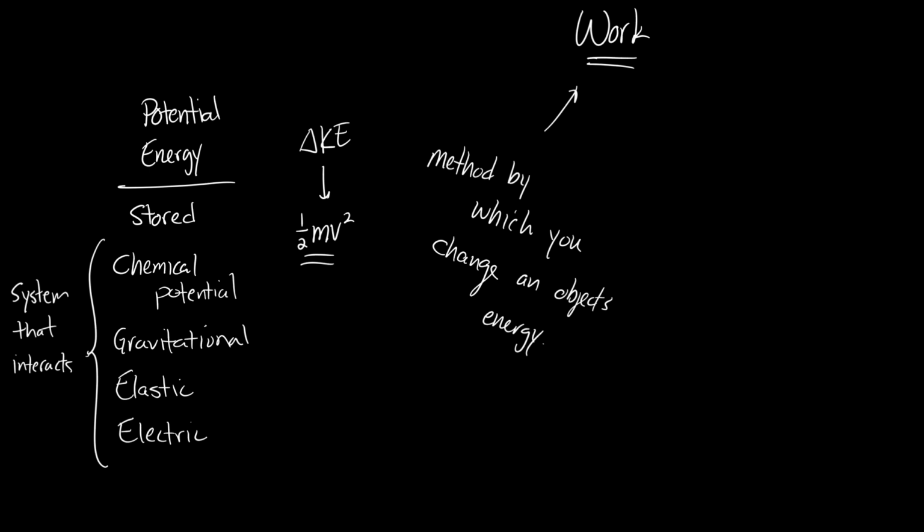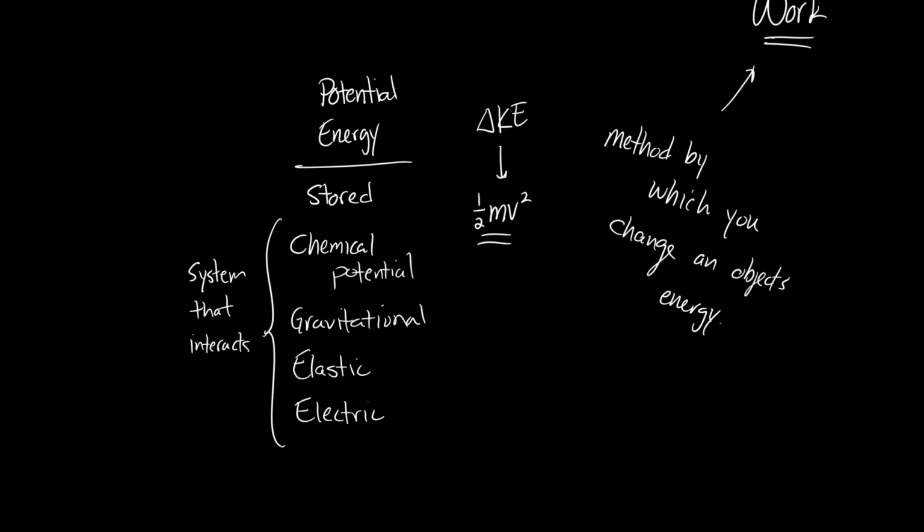The energy is stored in the bond. A single mass doesn't have gravitational potential energy, but a mass interacting with another mass connected by a gravitational force has gravitational potential energy, and so on and so forth. All of these have to have the interaction between two or more objects in order for there to be stored potential energy.